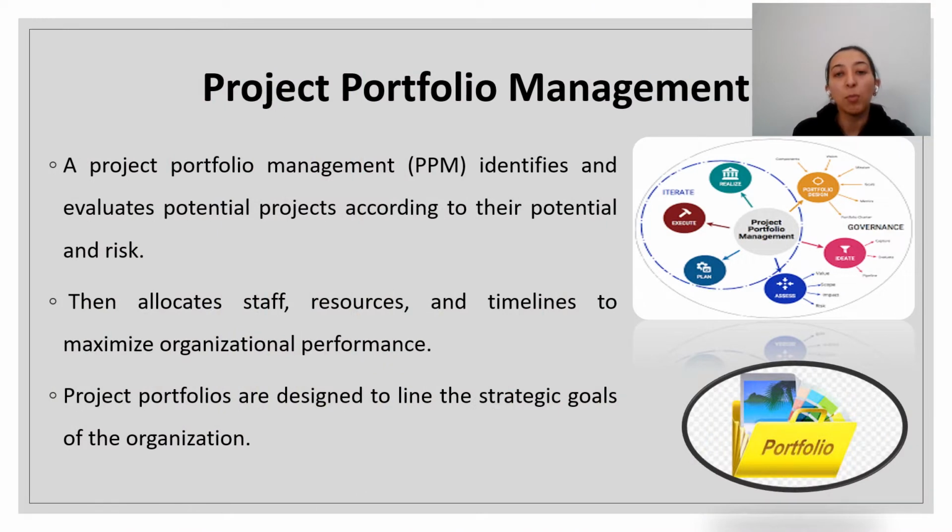Taking a project portfolio management (PPM) approach, one identifies and evaluates potential projects and then allocates staff, resources, and timeline for maximum organizational performance. The main objective of portfolio management is to identify projects and potential projects that can contribute to meeting business objectives.